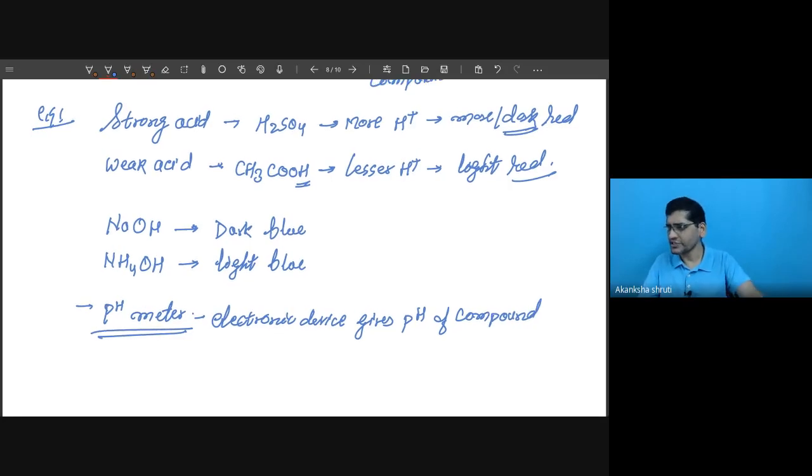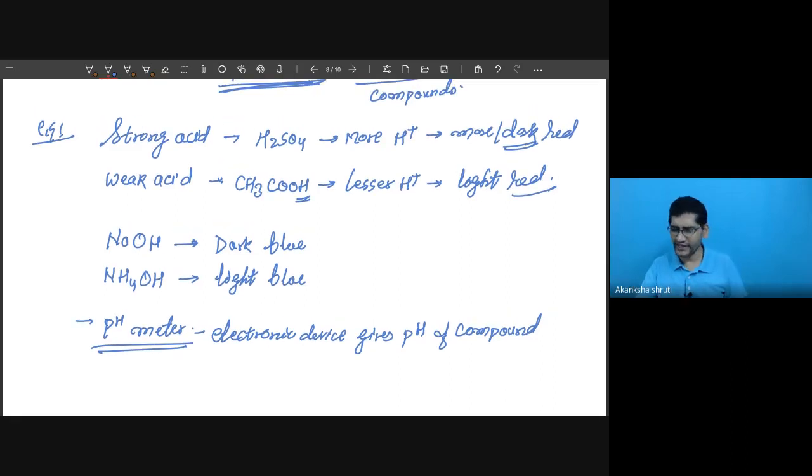Now how is the pH indicated? By means of generating potential differences. Student, if the chemical has more tendency to generate more hydrogen ion, more potential difference gets generated. If lesser hydrogen or OH, then lesser potential difference. So it measures the internal potential difference.